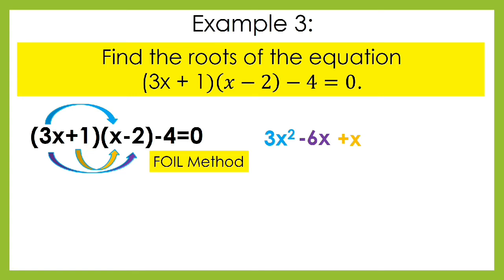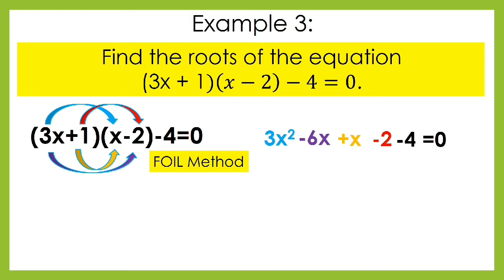And then, the last terms are 1 and negative 2. We will multiply 1 and negative 2. 1 times negative 2 equals negative 2. And then, we copy negative 4 equals 0. Okay, so we again have similar terms.